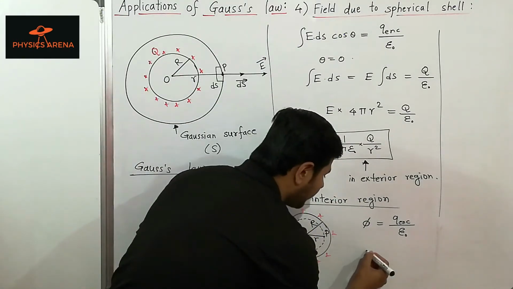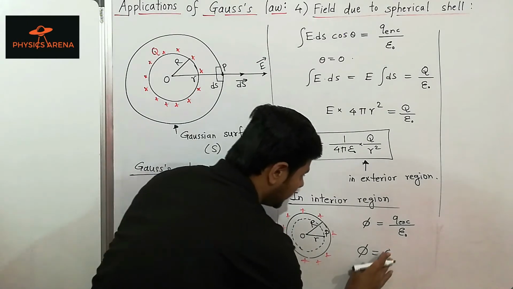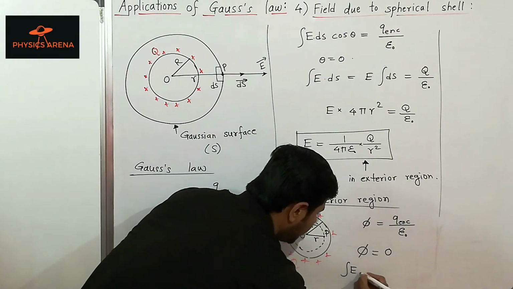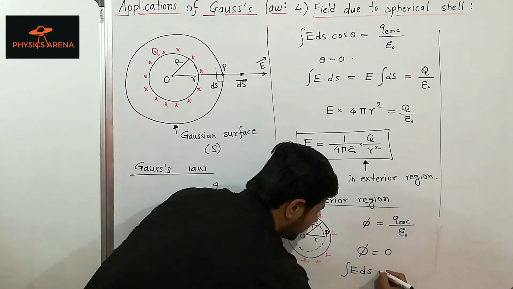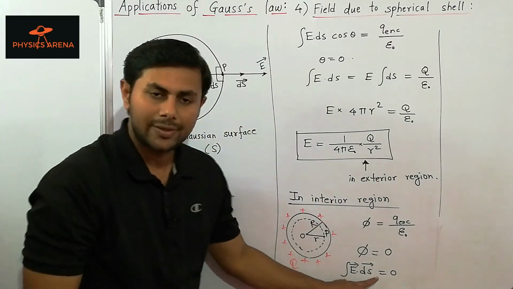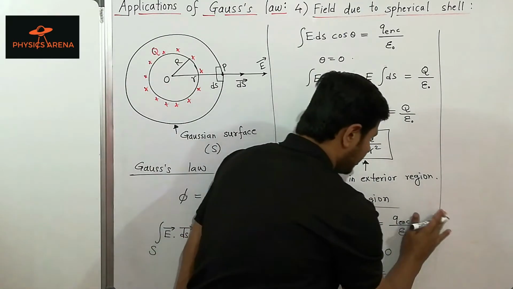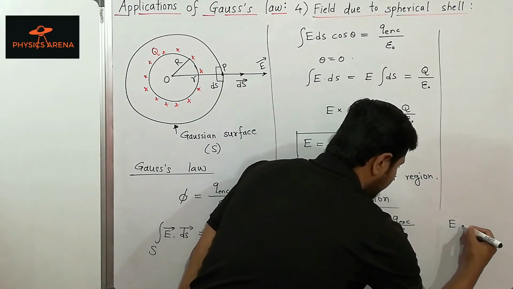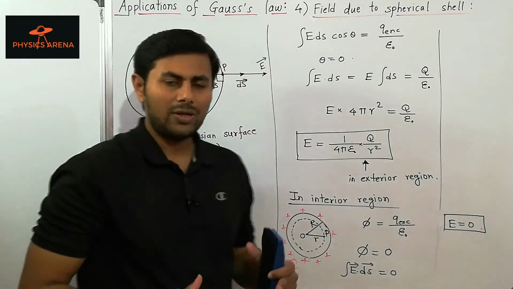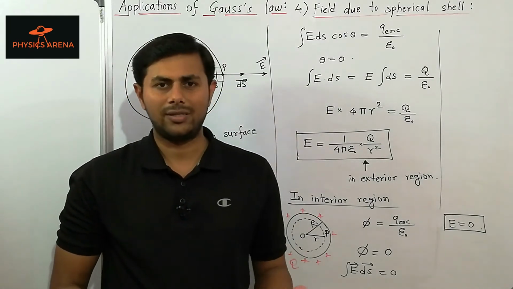So that's why flux phi passing through this Gaussian surface is equal to 0, and flux is integral of E into ds, that is 0. Now clearly ds is not 0, so what should be 0 there? The electric field. So I can say that E is equal to 0. Alright, so electric field in the interior region of a charged spherical shell is 0.